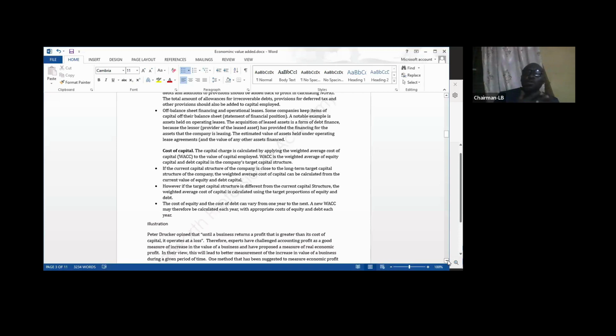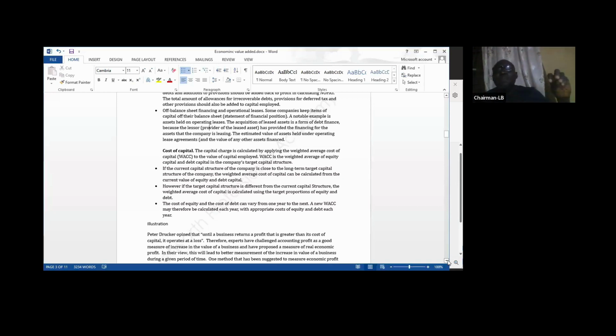To calculate your cost of capital, we call it weighted average cost of capital. It is the weighted average of cost of equity plus your cost of debt.